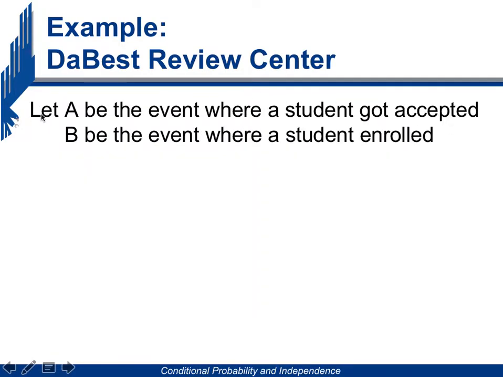So we can let A be the event where a student got accepted, and B be the event where a student enrolled in the Best Review Center. Now, given these representations, we can now start identifying the probabilities.